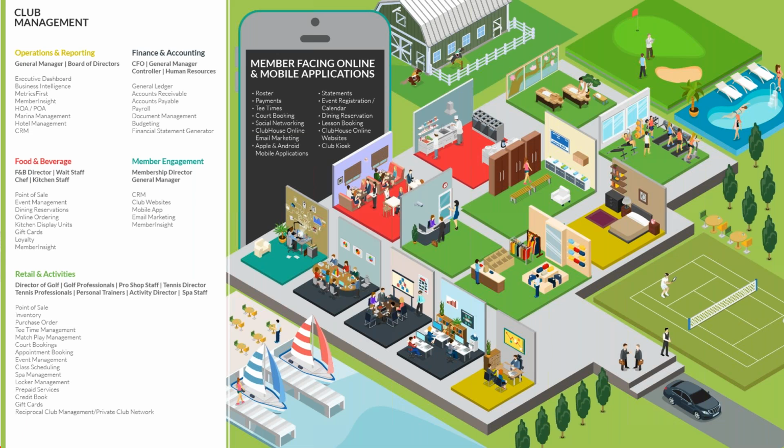So whether you're scheduling classes, or you've got a fitness facility, or maybe outdoor dining, or courts, all of these different areas are served by our technology. And to be honest, if you look at those 13 brands, we probably address anything you could do at a club from a software perspective.